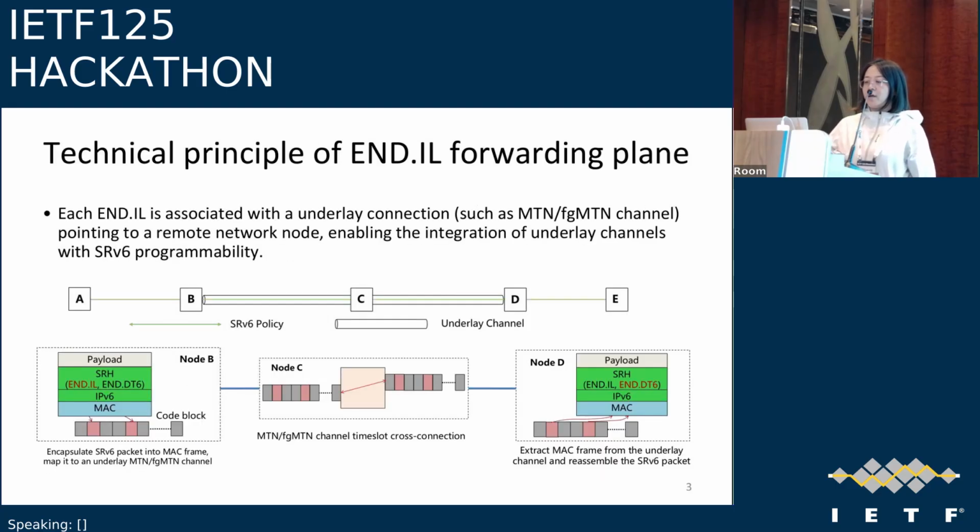Each NIL is associated with an underlay connection, such as an MTN or fine-grained MTN channel, pointing to a remote network node, enabling the integration of the underlay channels with SRv6 programmability.